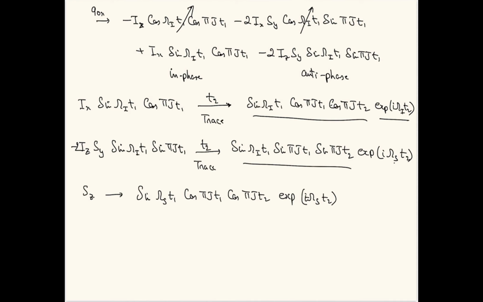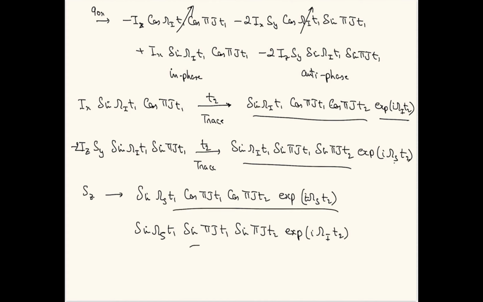And the second, which is coming from the antiphase term, will be sine omega S t1 sine pi J t1 sine pi J t2 and exponential i omega I t2, right? So now we have four terms, 1, 2, 3 and 4, right?